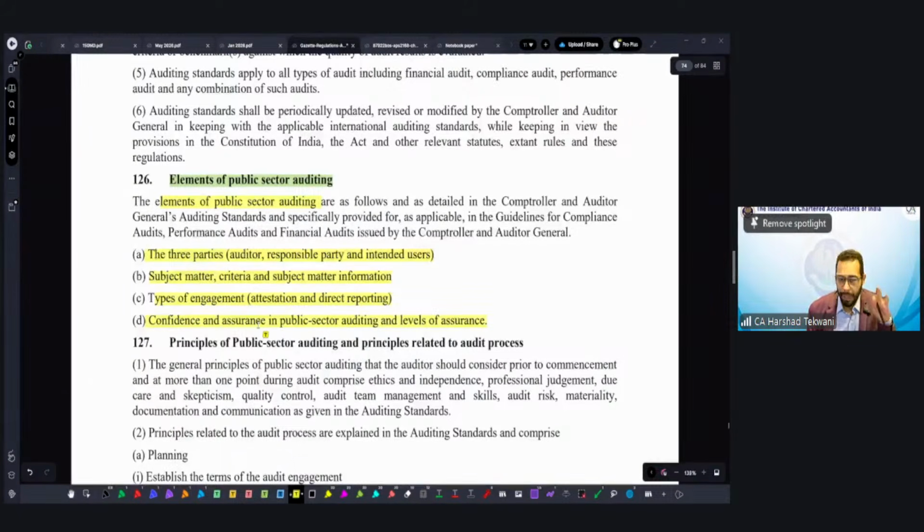But before we deep dive, let's understand the third element of the basic elements of public sector auditing: type of engagement, attestation and direct reporting. Can anyone tell me the difference between attestation and direct reporting?